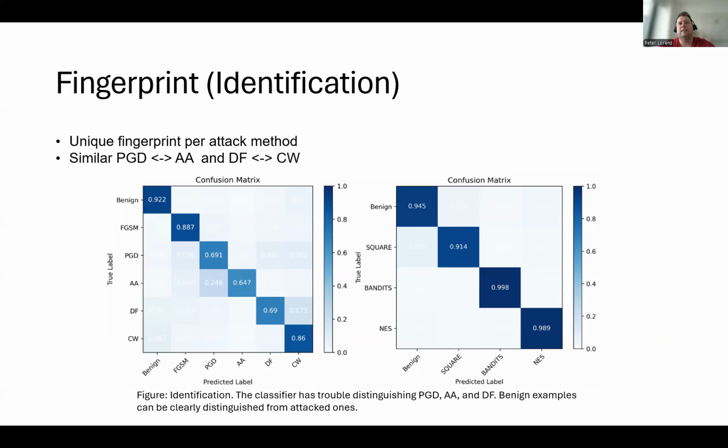On the right hand side, in contrast, we have the black box attacks, and here the fingerprints are very clear, and they're not really mistaken.